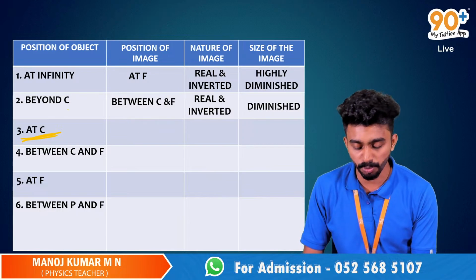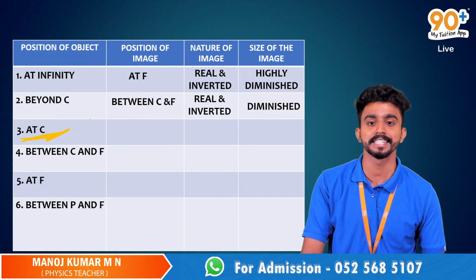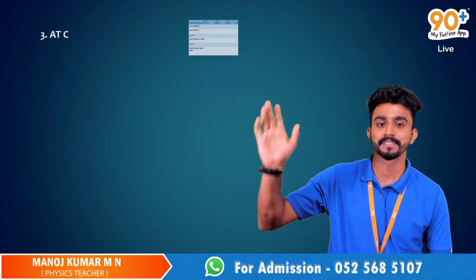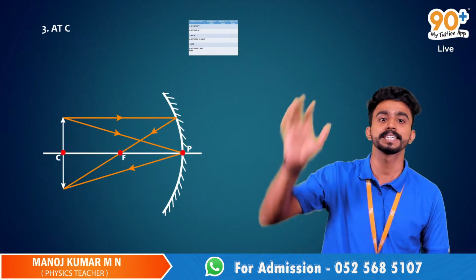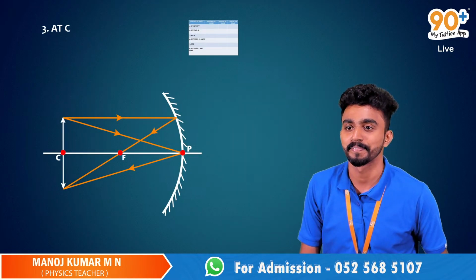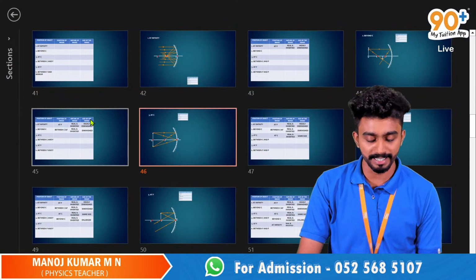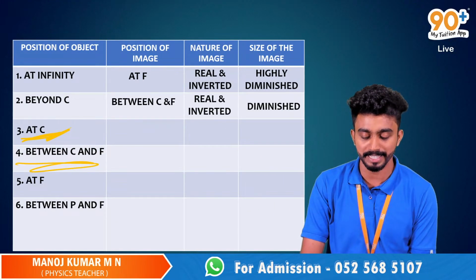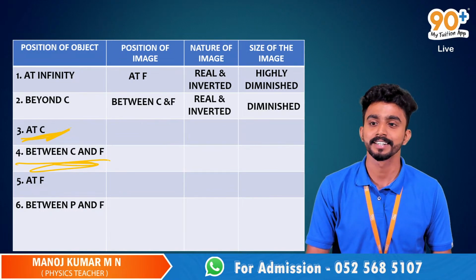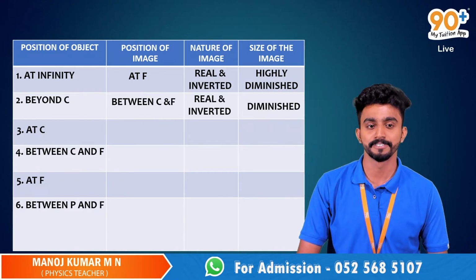We are considering the question at C itself. This is the case at C, the object is kept at C. Between C and F is the next case, so you'll learn about it then. Got it? Fine.